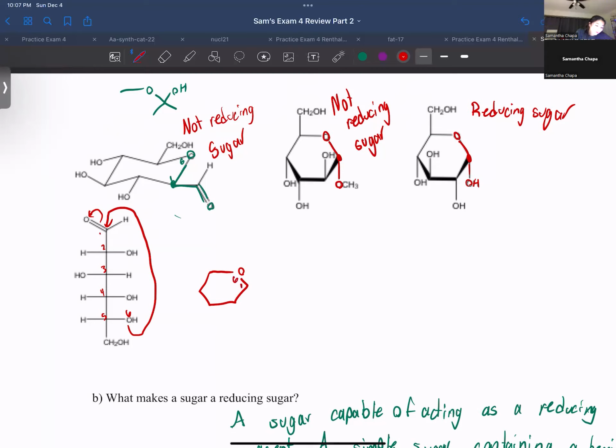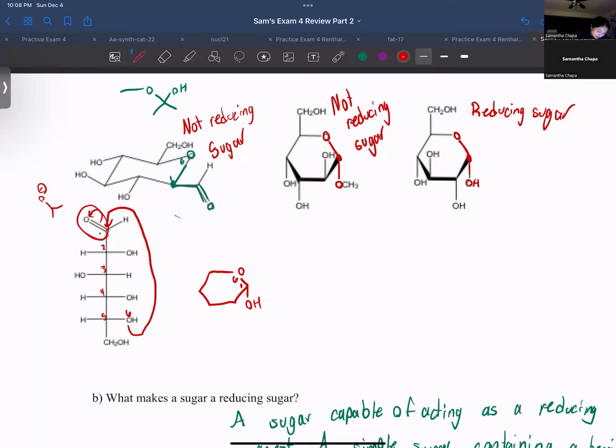This is 6 and this is 1. At number 1, when we attacked the carbonyl carbon, we created an oxyanion, an oxygen with a negative charge. In your body, it's going to grab a proton and make an alcohol. So at number 1, it doesn't matter if it's up or down. That's just dependent on the kind of carbohydrate that it is.